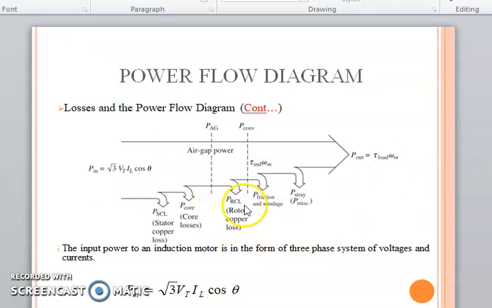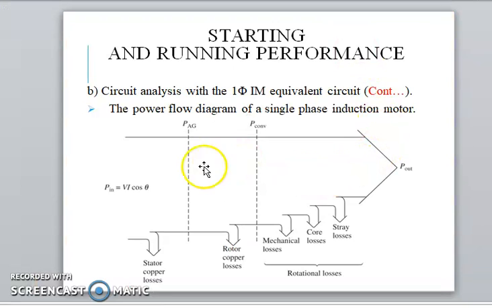Okay, we shall see the proper equation and calculation in the exercise to follow. In terms of the power flow diagram, this is the power flow diagram of your previous three-phase system. Meanwhile, this is your single-phase induction motor power flow diagram.